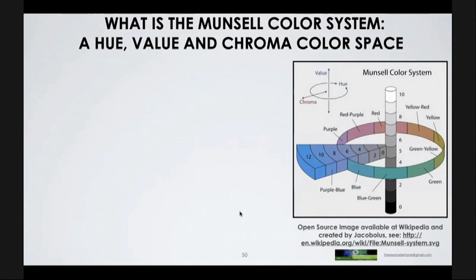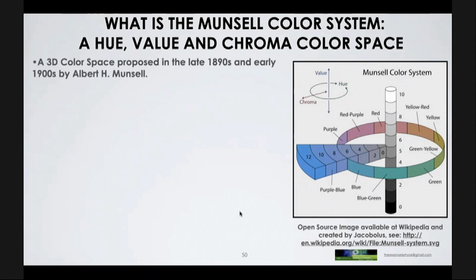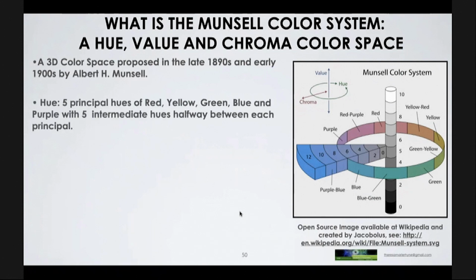The Munsell color system. Earlier I talked about Rhyne, who in the early 1800s wanted to come up with this 3D beach ball effect. Well, Munsell decided, I'm going to make this really happen. I'm going to develop a color system with 5 principal hues: red, yellow, green, blue, and purple. I like the color orange, but it didn't work out.